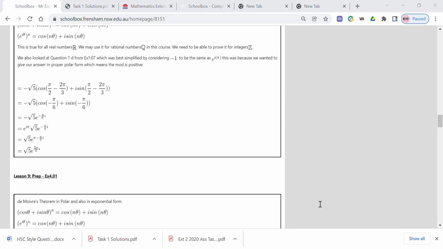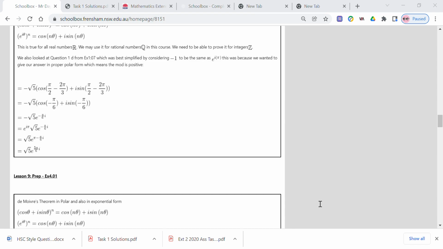So we're going to have to sort out how on earth we are going to make this a positive mod. And that's why I've put this here because it's kind of obvious, but it's a little bit like the trick we did at the start of this question. So I took the minus 1 and I turned it to e to the i pi, because e to the i pi is minus 1, isn't it?